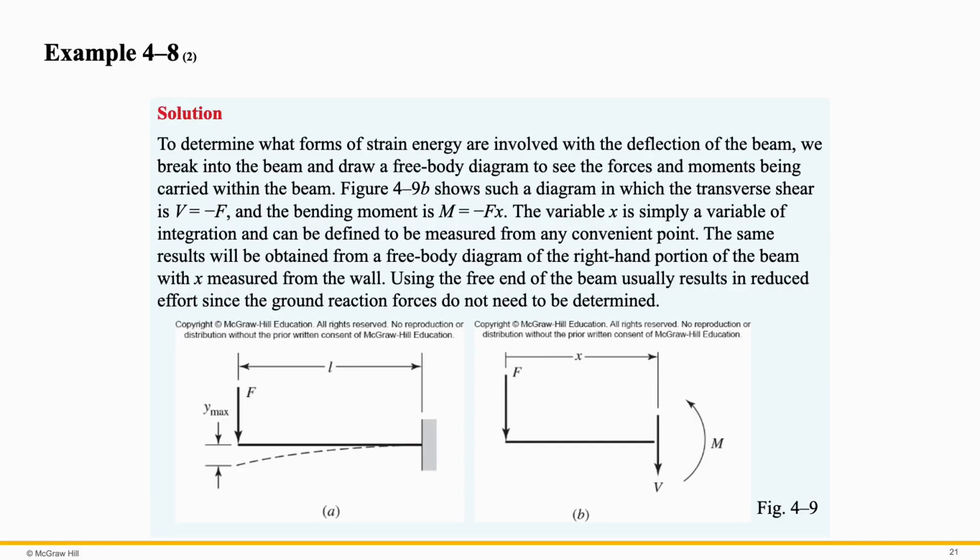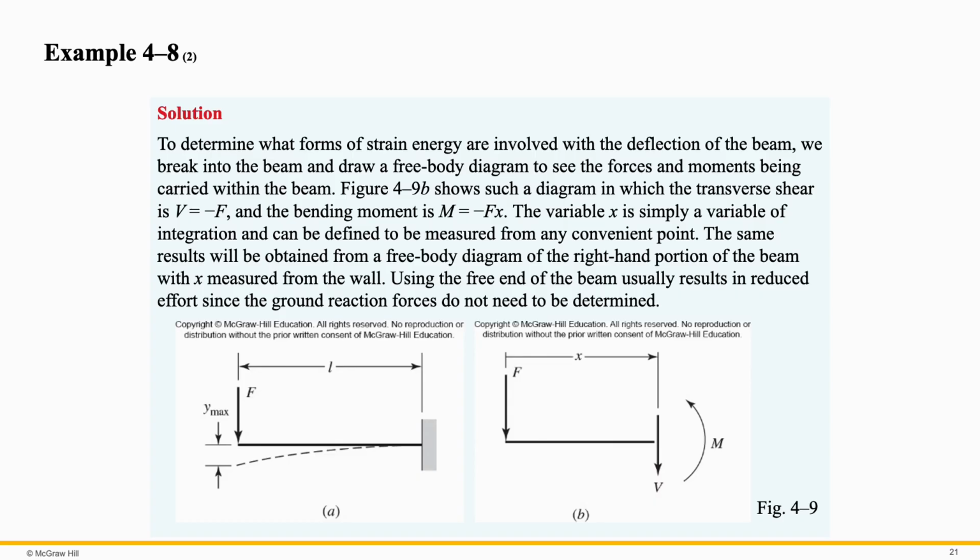Now let's analyze. First, let's draw the free body diagram of this cantilevered beam. It is subjected to a shear force, and this shear force also produces a bending moment, and therefore this fixed support, because this is a cantilevered beam, creates a reaction moment. As you can see, this fixed support creates a reaction shear force and also a reaction moment, and this moment is equal to negative Fx.